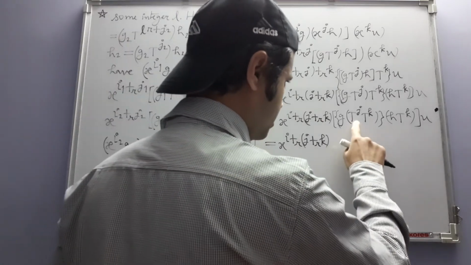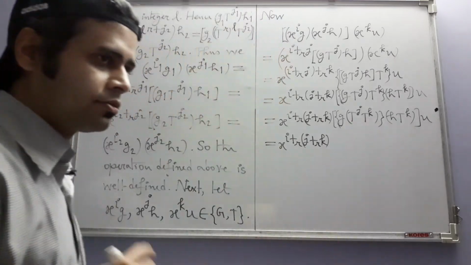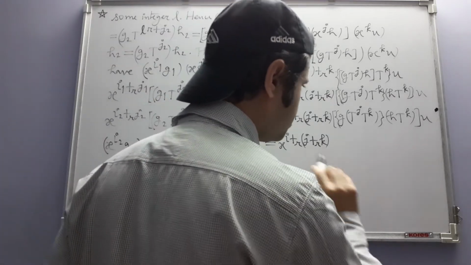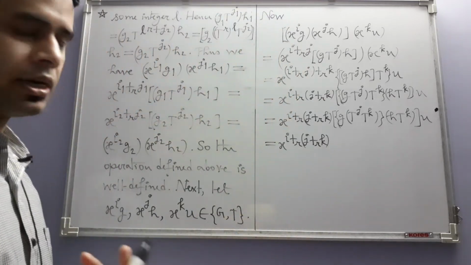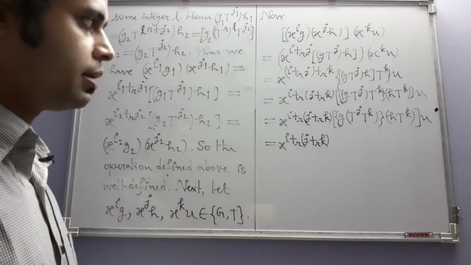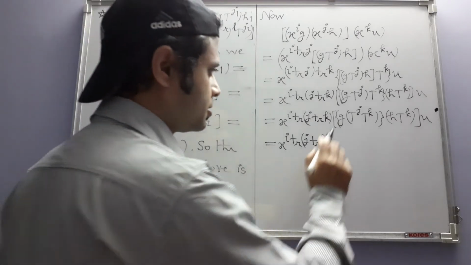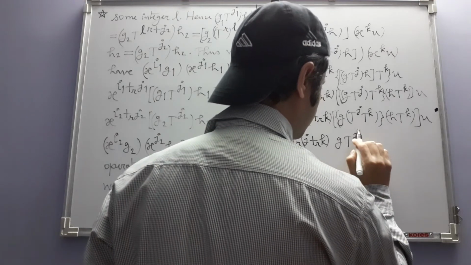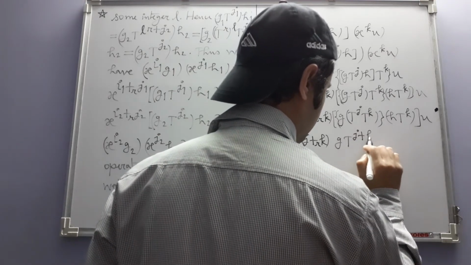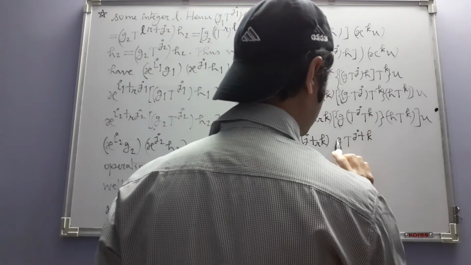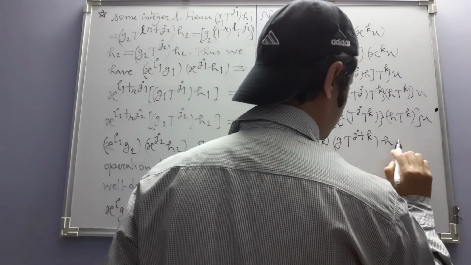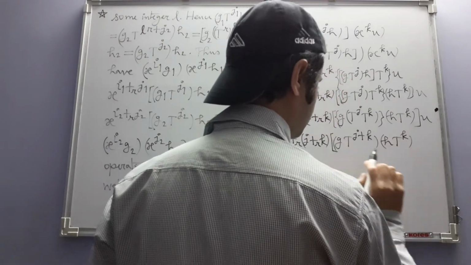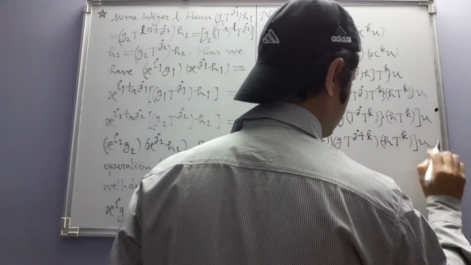Okay, now this of course is a product of two integral powers of t. So in the automorphism group of G, these are integral powers, so we can use the rules of exponents here and write j plus k, h, t to the power k, u.